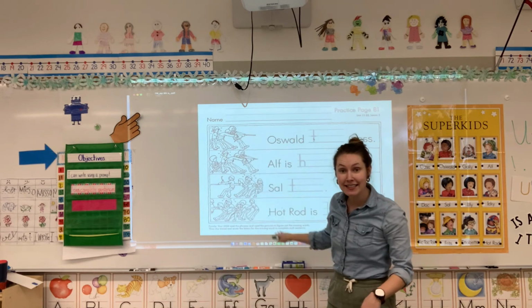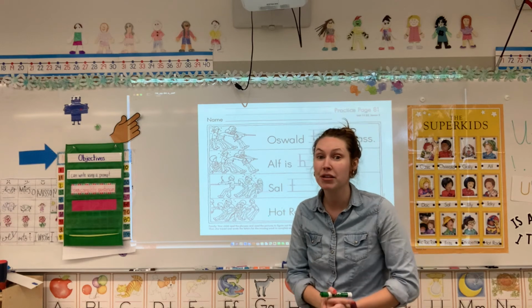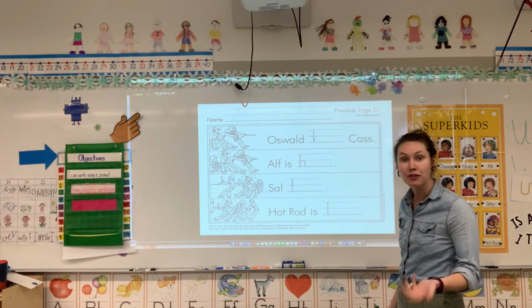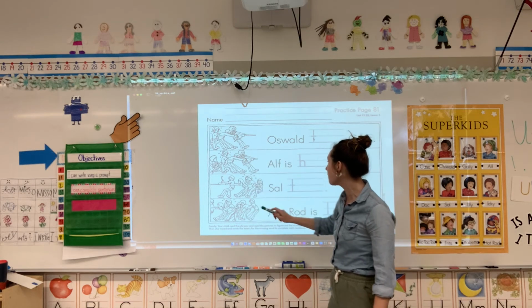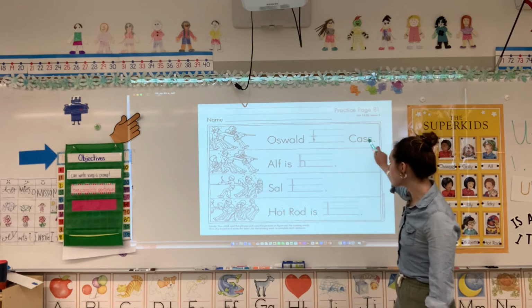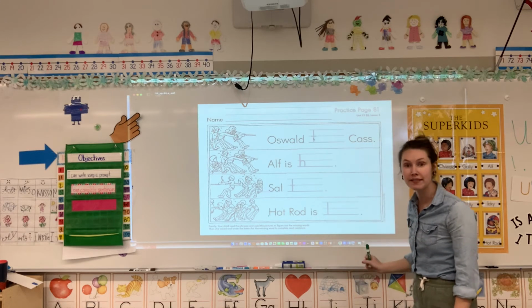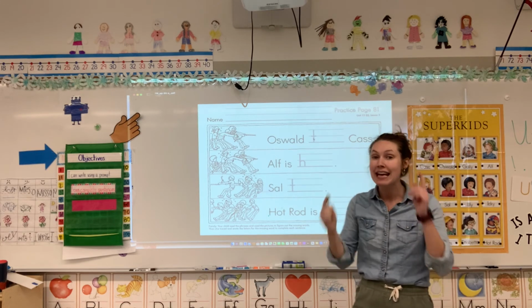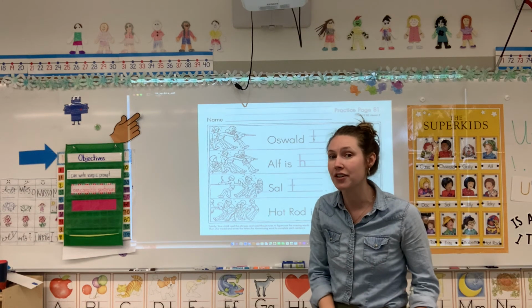These sentences are all from that story that we read on pages 8 through 10 in class yesterday and that you did for your homework on Monday. You can also use the pictures to help you. You need to read through the sentences and figure out what letters are missing. So you're going to do some encoding. Think about what the words are and then figure out what letters you need.